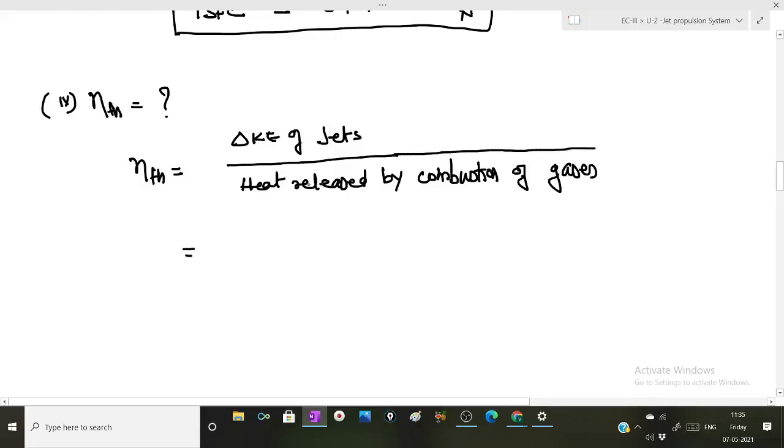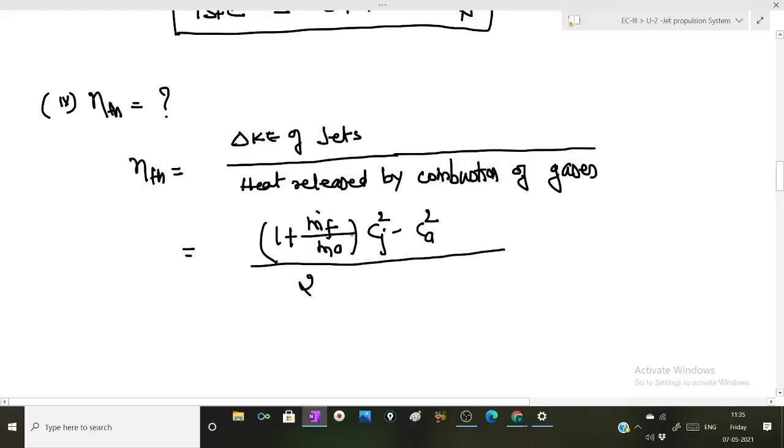Change in the kinetic energy of jet is given as one plus m dot f over m dot a, into Cj square minus Ca square, divided by 2. This is the change in the kinetic energy. This much air is entering into the jet engine and this much fluid stream is leaving the jet engine in the form of jet.